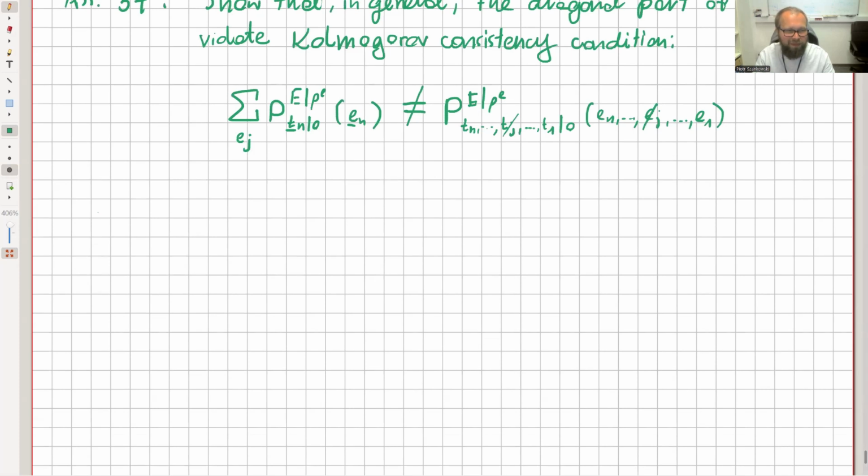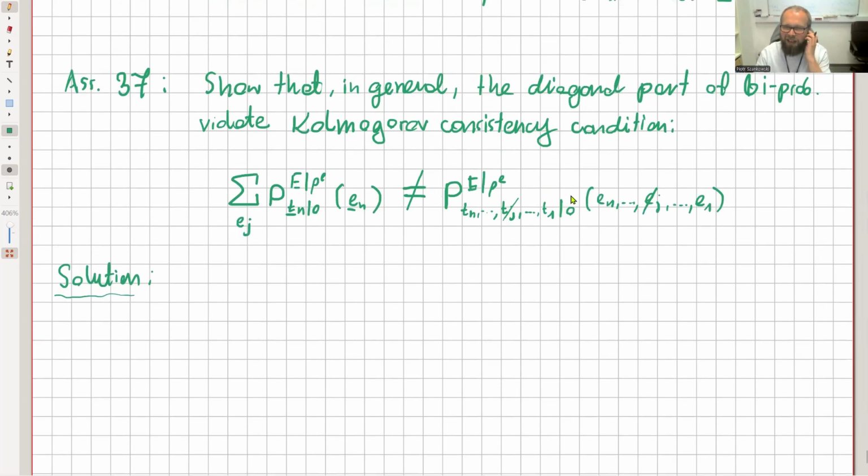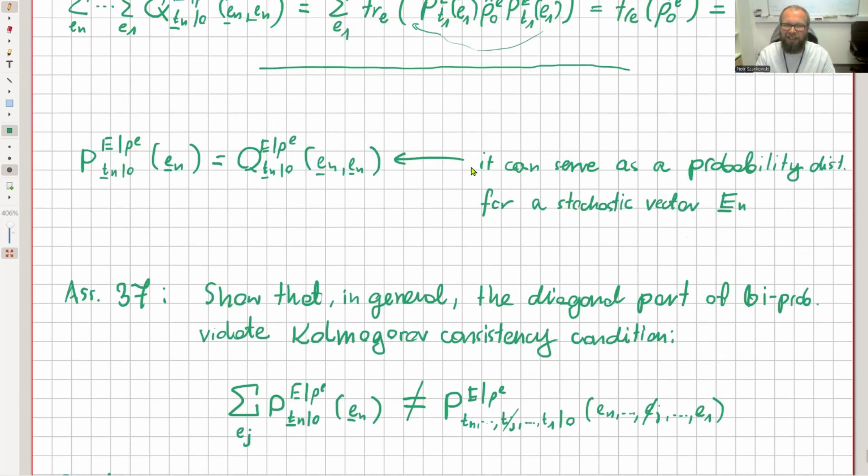Okay, so, solution. We want to show that diagonal parts are not consistent. But first, I will show that biprobabilities, the full biprobabilities, are consistent in a sense, are bi-consistent.